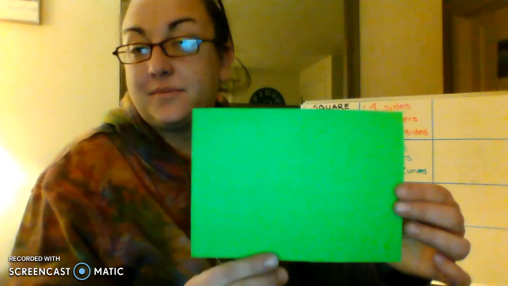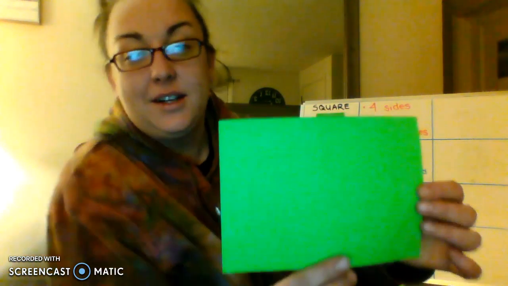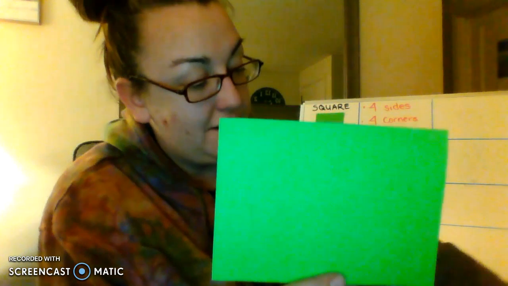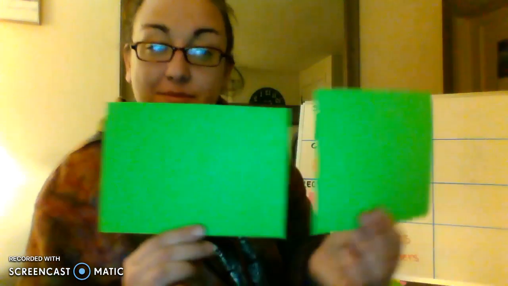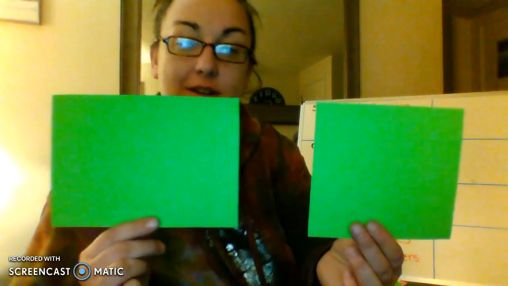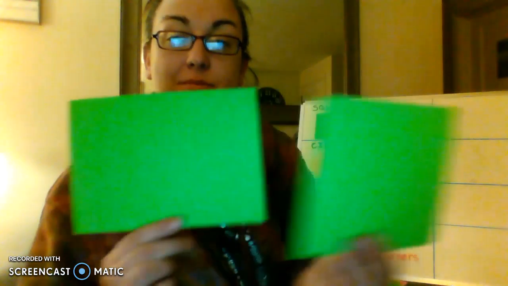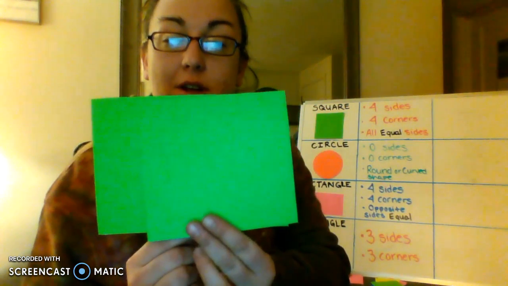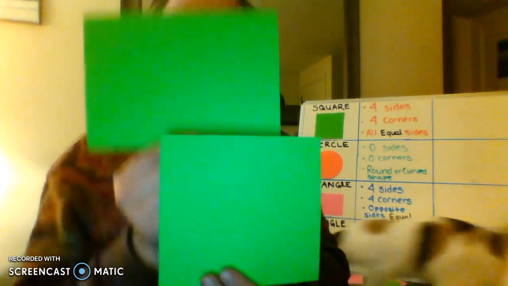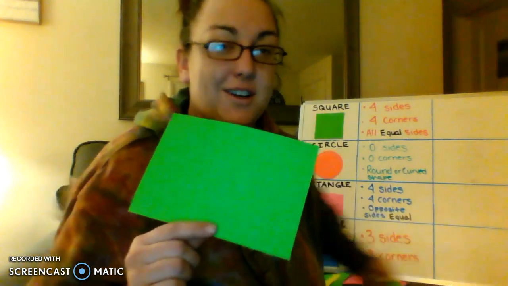Now let's look at the length of the sides. Do you notice anything? Are they all equal, like the square? Let's hold them next to each other. If we hold it up in front, you can tell that the rectangle is longer.